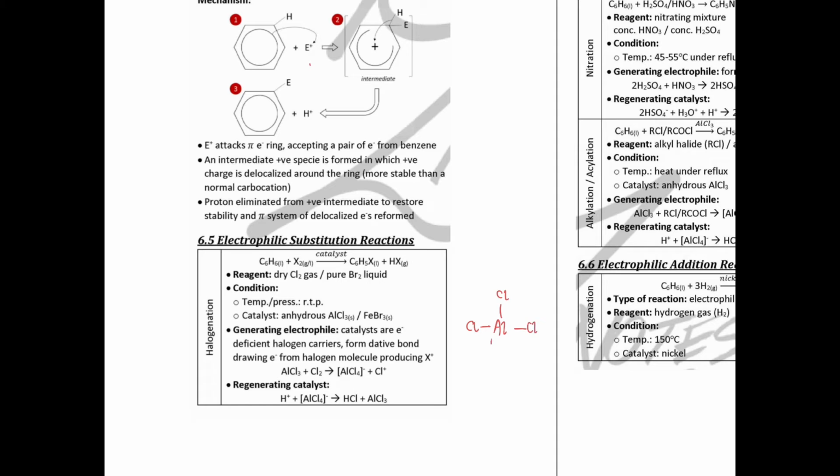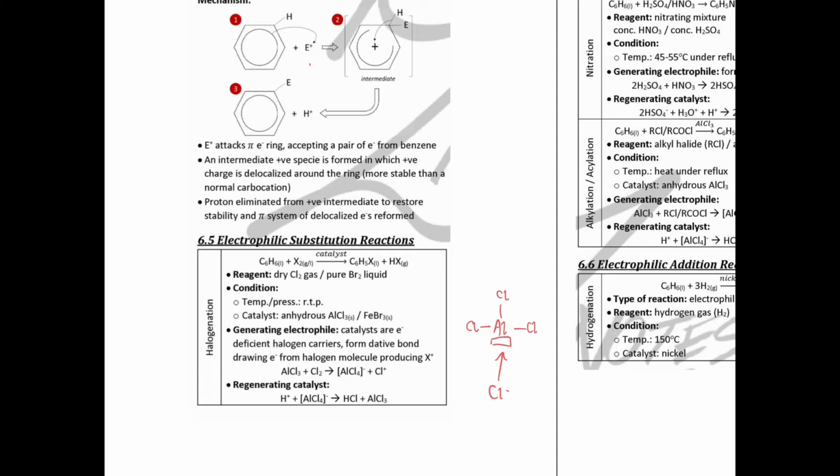It has an empty orbital. So that's why the Cl minus will come here and form AlCl4 minus. It has an empty orbital to accommodate the chloride. And then the other thing is Cl plus. This is the electrophile.